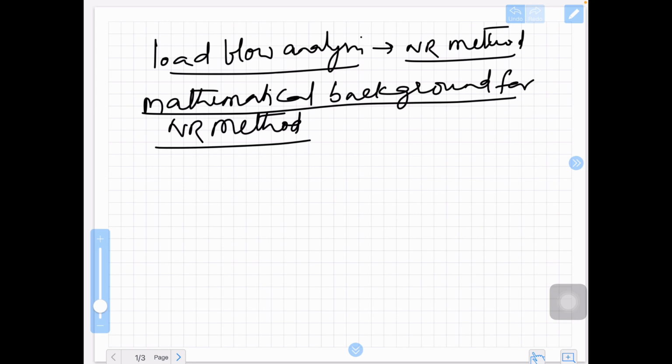So here we are considering the mathematical algebraic equations and we are explaining how the Newton-Raphson method can be implemented in the mathematical analysis. So here we will consider the variables x1, x2, x3 etc. up to xn.